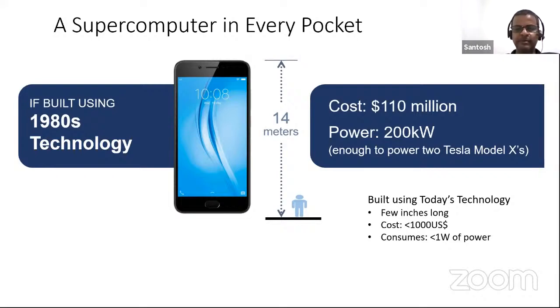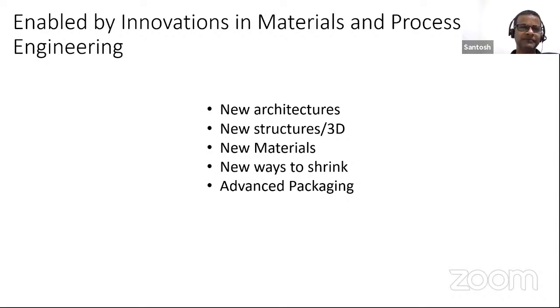All this has been possible because of innovations in materials engineering and materials process. So process has moved a lot from the 1980s by way of using new architectures, new structures, 3D packaging. Instead of going horizontal, the package is moving three-dimensional, upward and sideways. New materials, new ways to shrink.